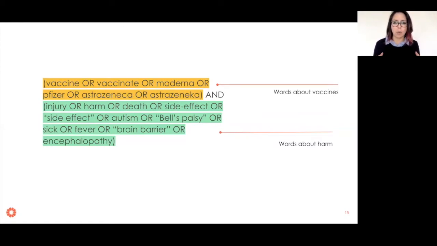So you can see how the more that you do this as an iterative process that feeds into itself, the more powerful your search queries are going to be. So this particular one might look huge, but all it's doing is asking your search engine or Twitter or YouTube or LinkedIn, show me content that has one of the yellows, one of the words in green.